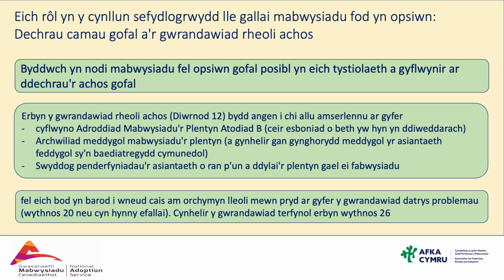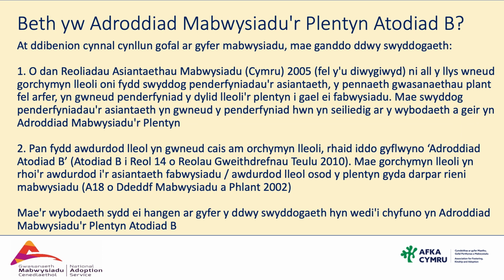All of those things need to be timetabled in very early during care proceedings so that you're ready to make an application for a placement order, should that be the care plan, in time for the issues resolution hearing, which is week 20 or sometimes before that, with a view to the final hearing taking place by week 26. So what is a CAR B report?